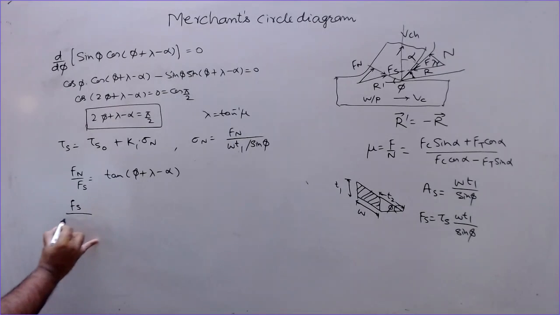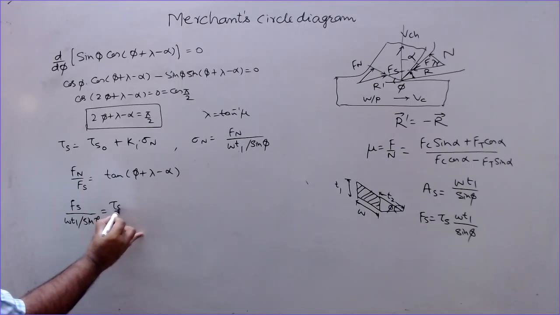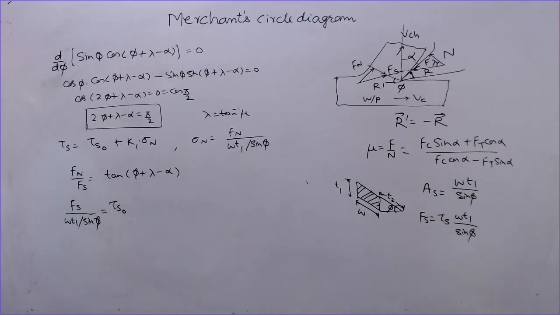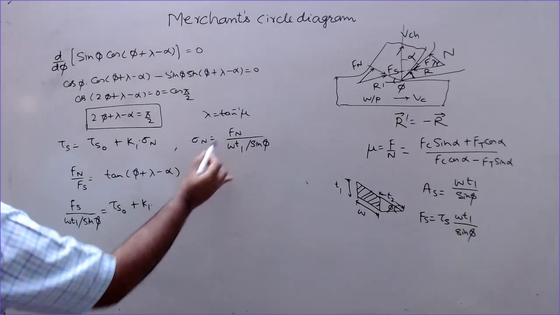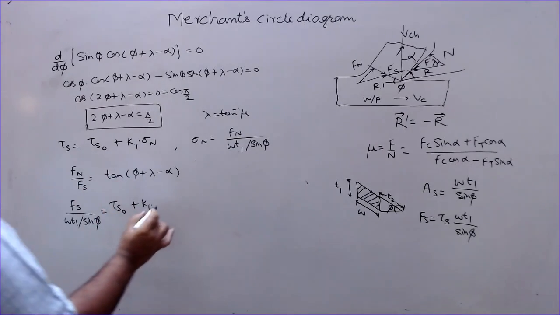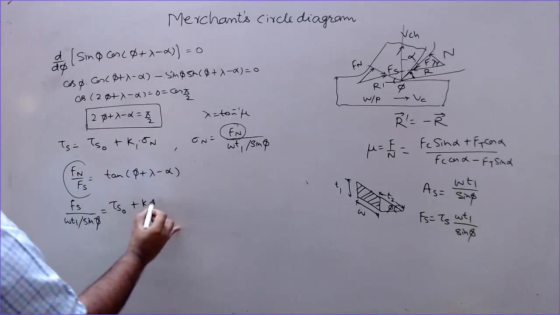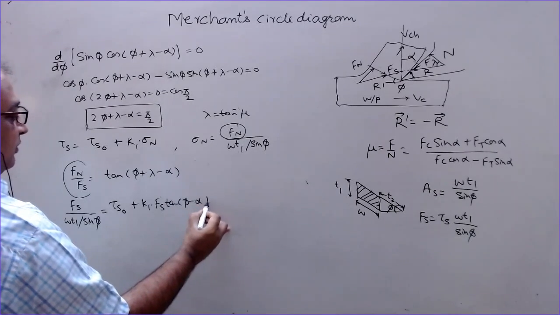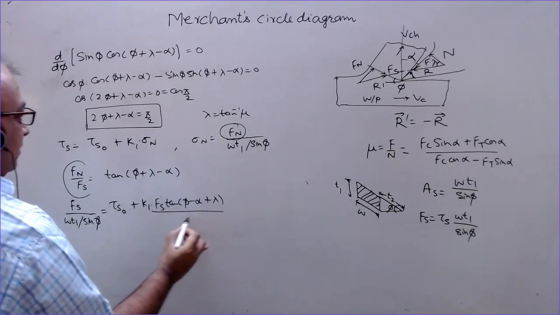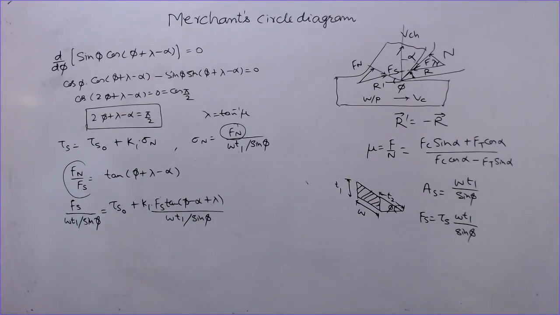Fs divided by Wt1 by sin phi is equal to tau s0, the minimum value of the shear stress, a constant value, plus K1 into sigma n, and I put the value of Fn from here, Fs tan of phi minus alpha plus lambda, divided by Wt1 upon sin phi.